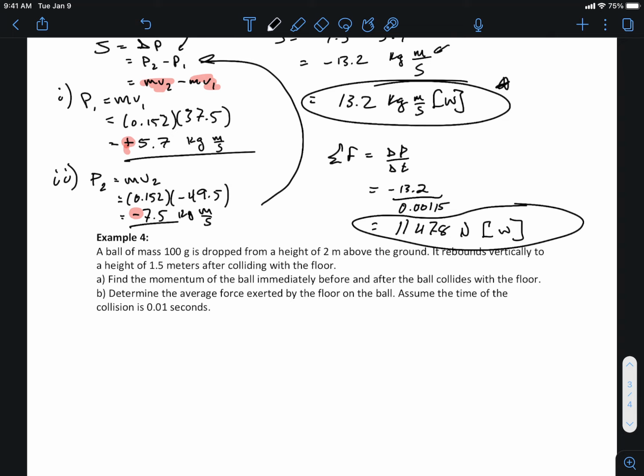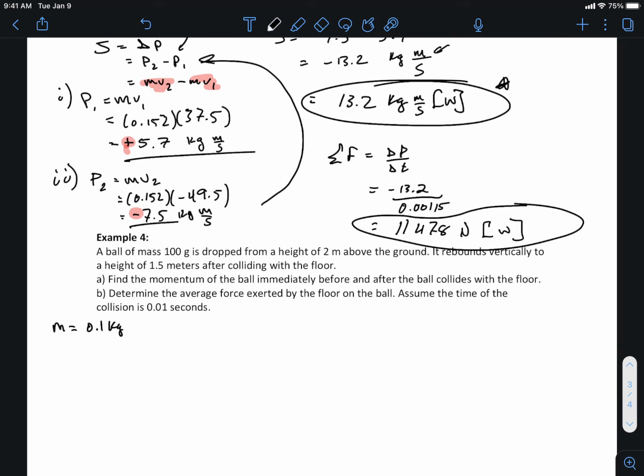Okay, so a little bit trickier here, this question. We're like, okay, well, what are we given? I would say let's start with what we're given. Okay, well, we know the mass of the ball. The mass of the ball is going to be 0.1 kilograms, right? 100 grams.